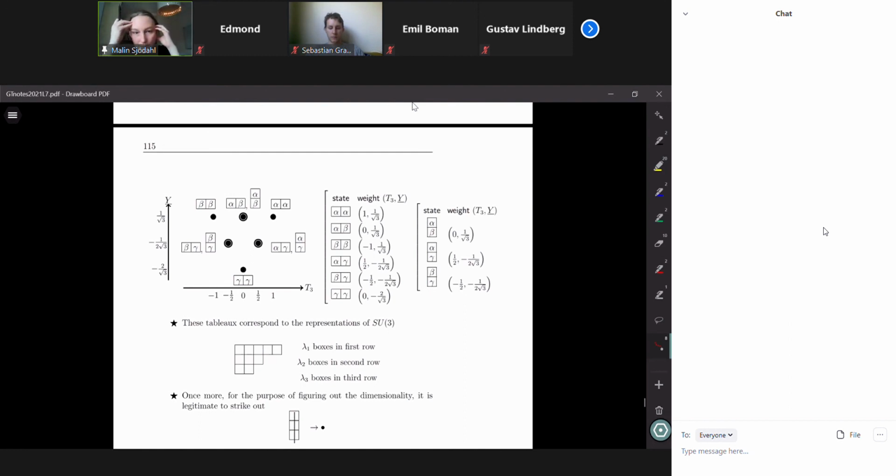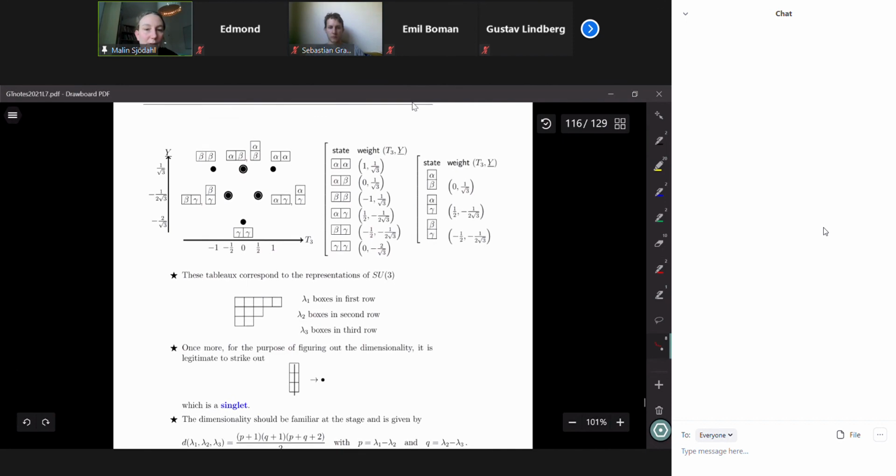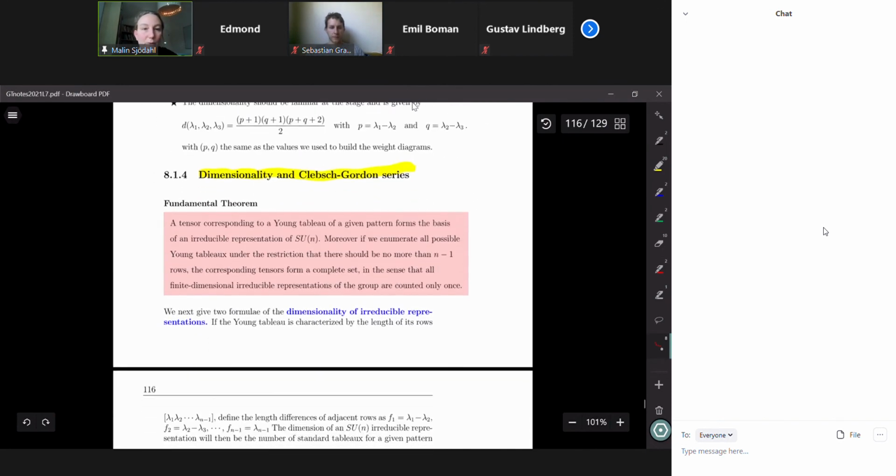For example, I can have both particles having these weights, and I could then draw that as a point in this weight diagram, etc. But let's not do that, because I rather want to move on to the real use of the Young tableaus. The point is that they are very handy for constructing direct product representations.